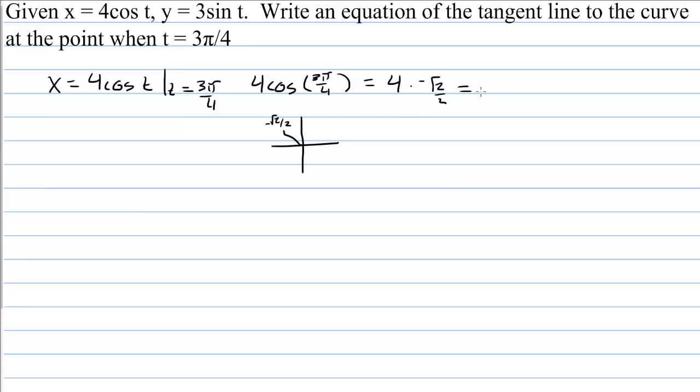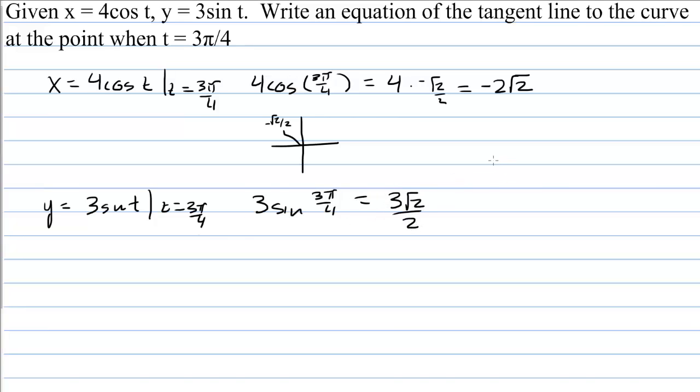The 4 and the 2 cancel, so we have negative 2 square root of 2. The y value is 3 sine of t, evaluated when t equals 3 pi over 4. We have 3 sine of 3 pi over 4, which is 3 square root of 2 over 2. So the point is negative 2 square root of 2 comma 3 square root of 2 over 2.